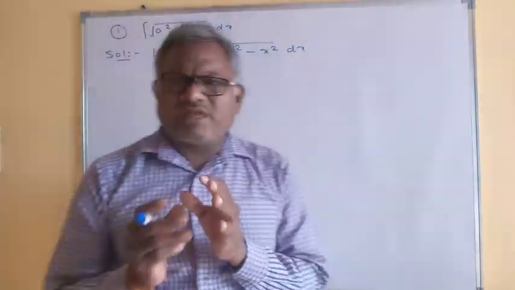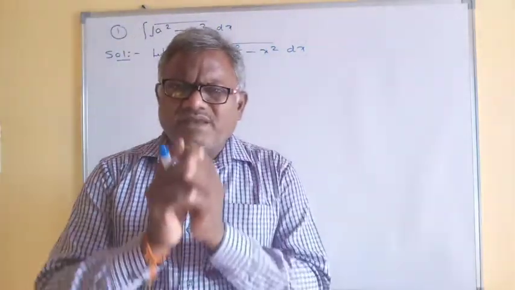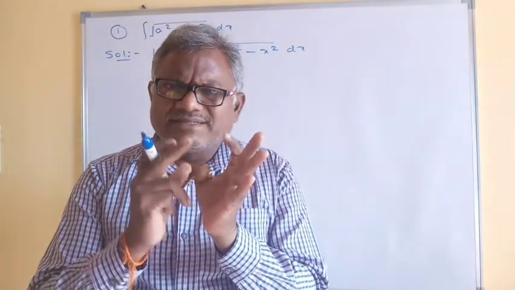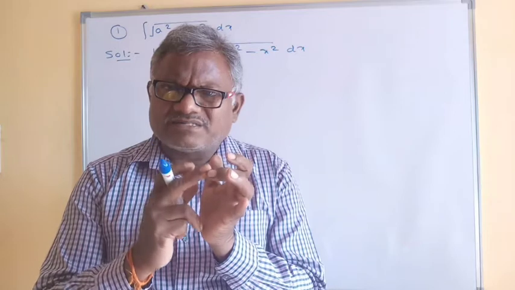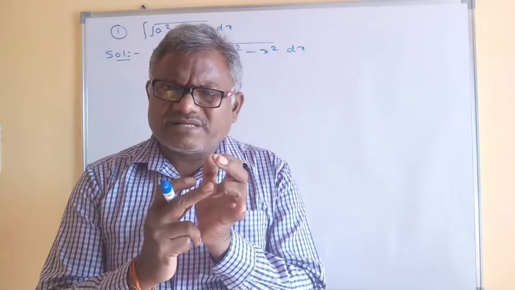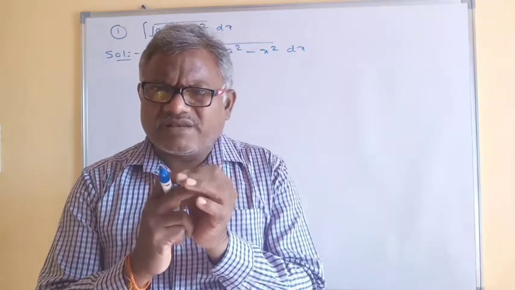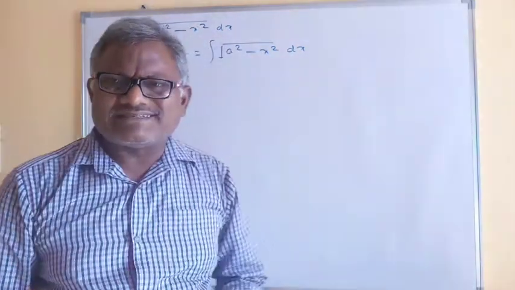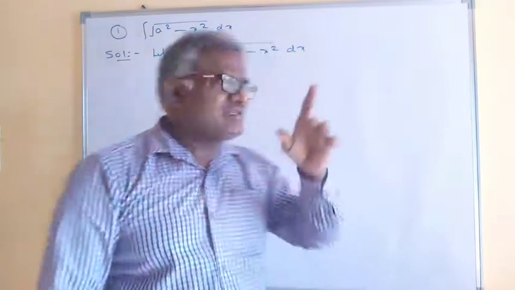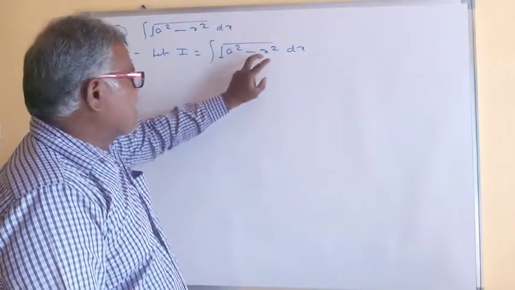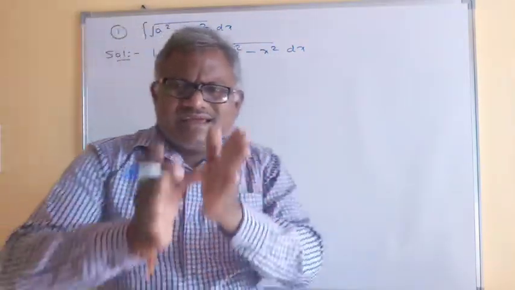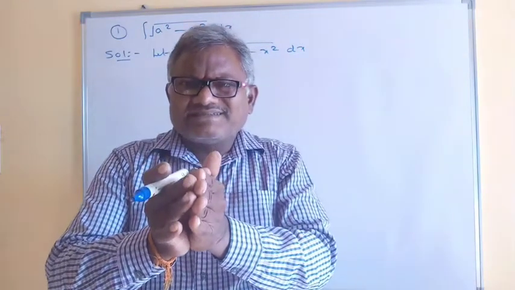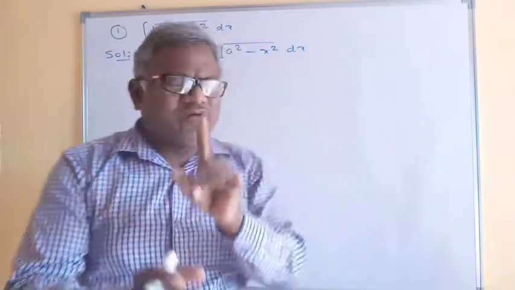Remember one thing, whenever in an integral there is only a single function, like log x, sin inverse x, cos inverse x, tan inverse x, or cosecant inverse x, or functions like root of a square minus x square, a square plus x square, or x square minus a square, consider the second function as unity, 1.